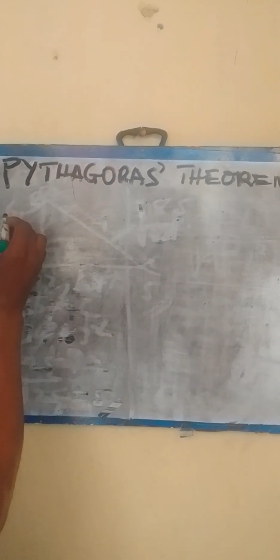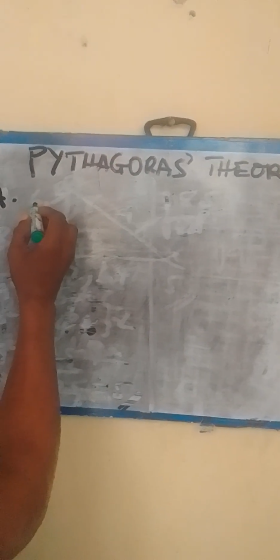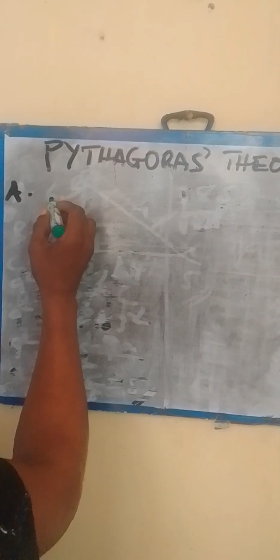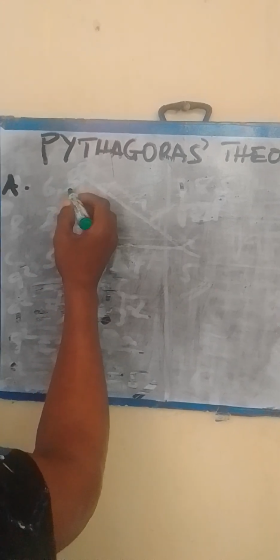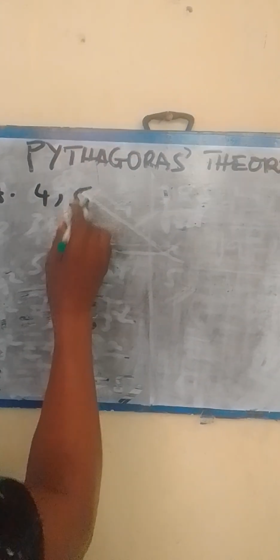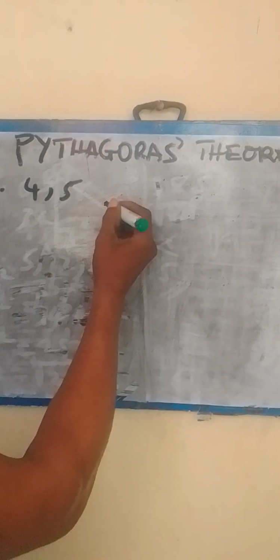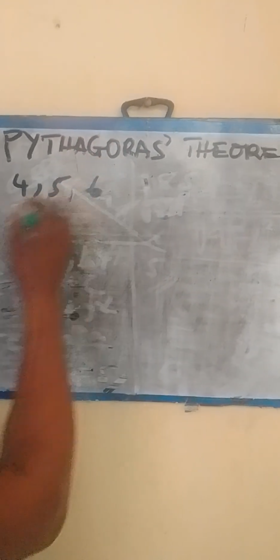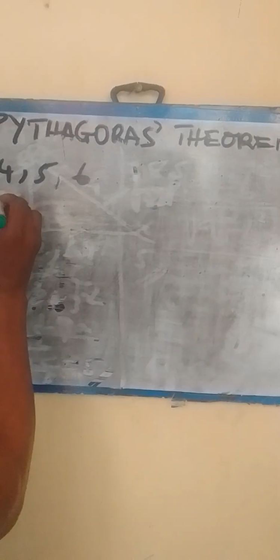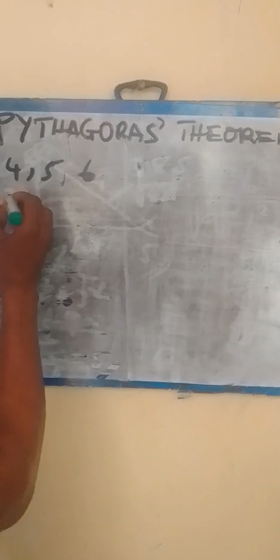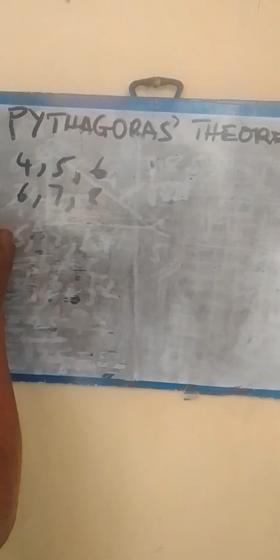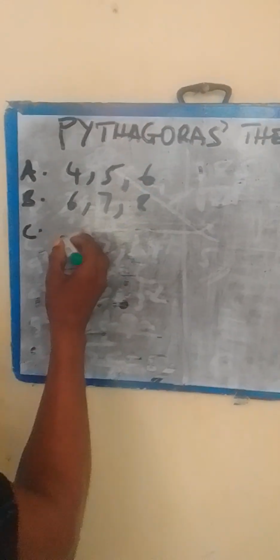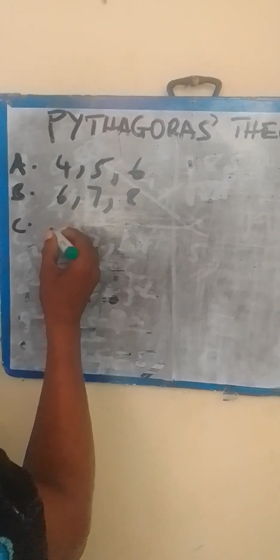Now we are given a set of numbers. Set A is 4, 5, 6. Set B is 6, 7, 8. Set C is 5, 12, 13.